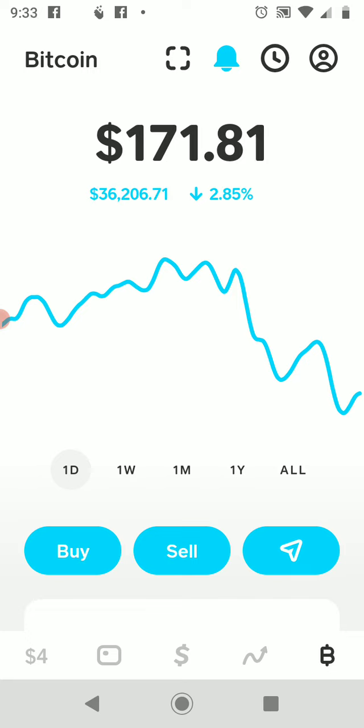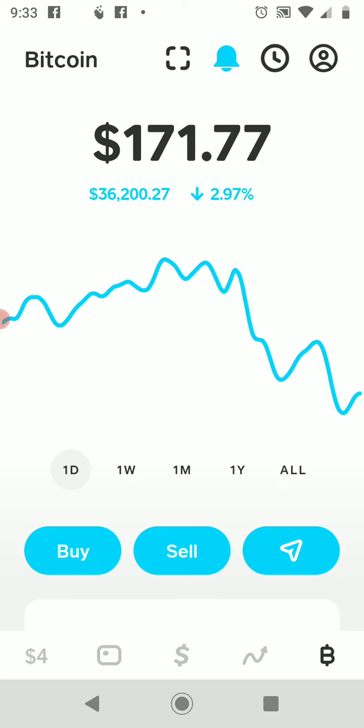Let's say you have $1,000 in there and it goes up 4% within 30, 40 minutes, you see it shoots up. It's at 4% for the day. So that means your account would be sitting at $1,040.